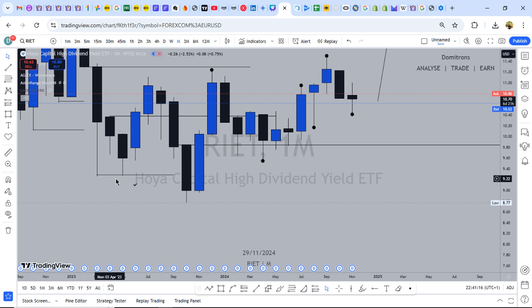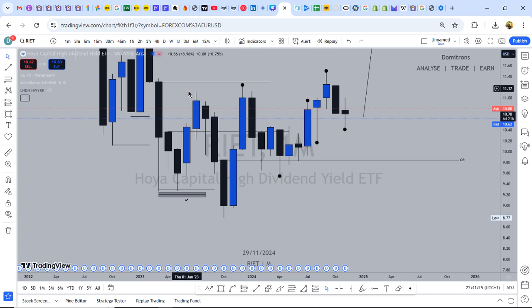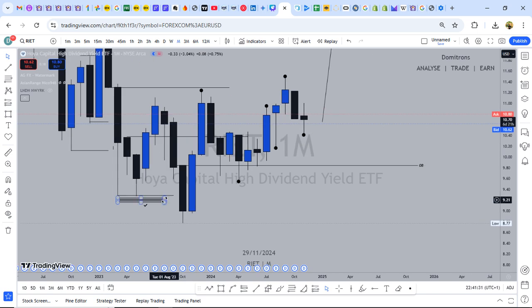There's an area of support, and remember, when we're having an area of support, that means we're having a sell side liquidity pool. There's a pool of liquidity resting on this low. So when price trades into the imbalance of the sell side, it sold, and then we swept that liquidity.